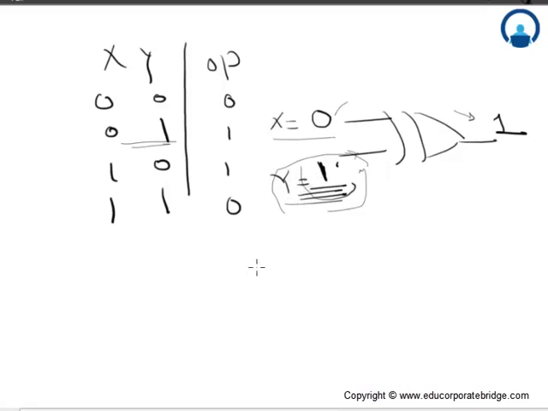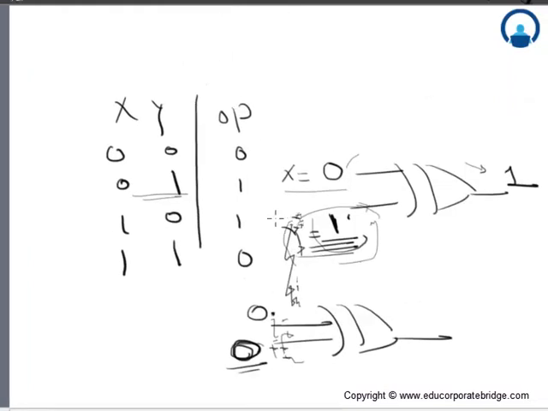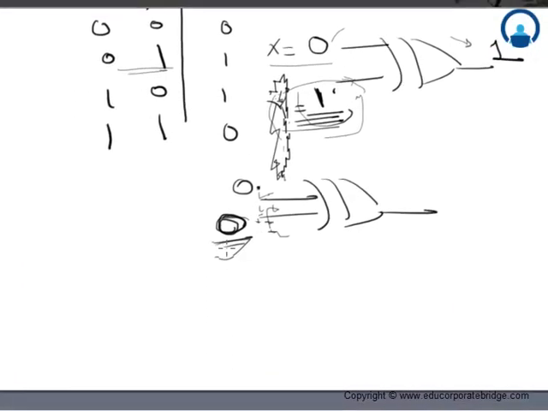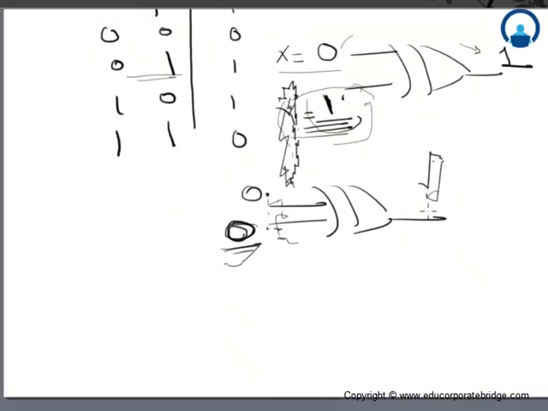Similarly, if any one of the inputs is 0, the output will be the same as the other input. That is, XOR acts as a buffer. If one input is 0, the output will follow the other input. You can check the same output here. Here XOR acts as a buffer.